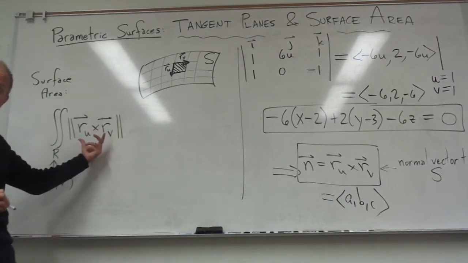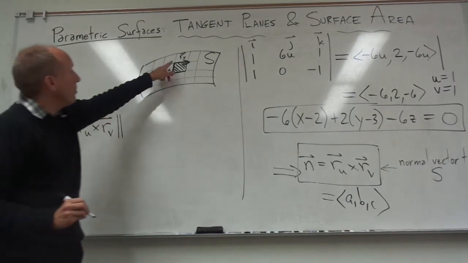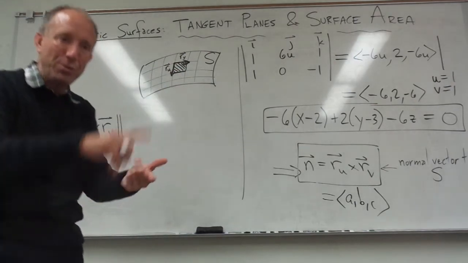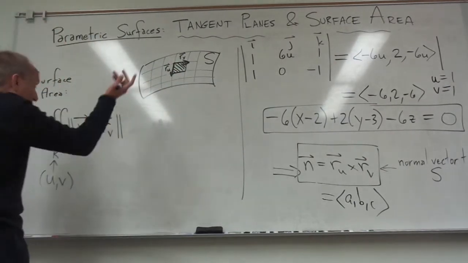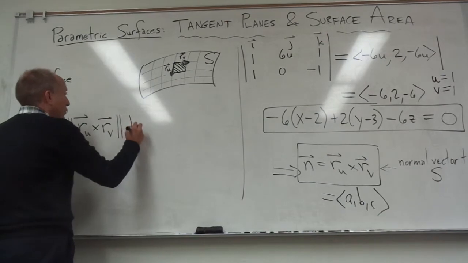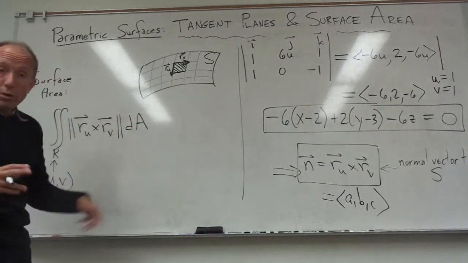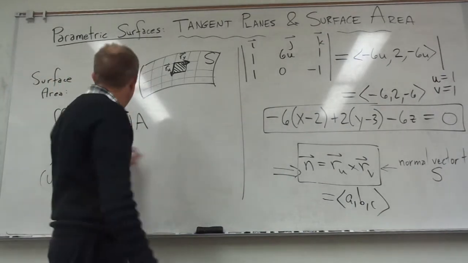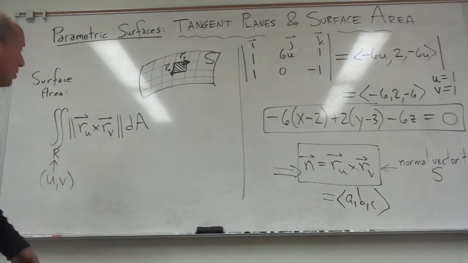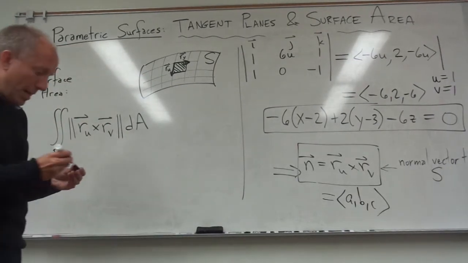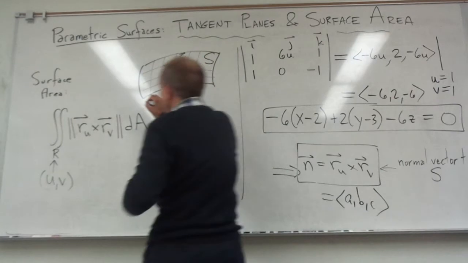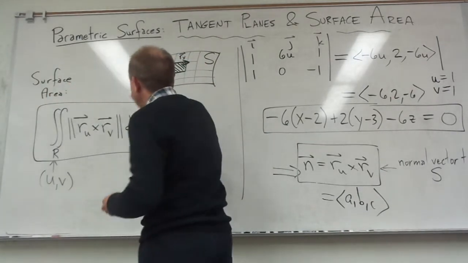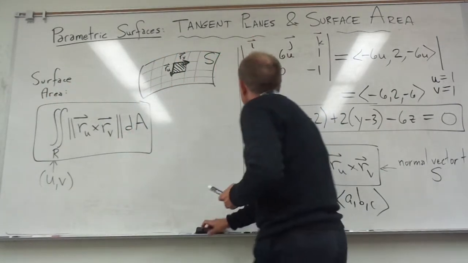This is the area of a parallelogram that has side vectors r sub u and r sub v. And then we have dA here. And as usual, you can choose what order of integration to integrate your two parameters in. But that's the formula, okay? So a very, very simple thing to remember, I think, I hope. And it works really nicely.